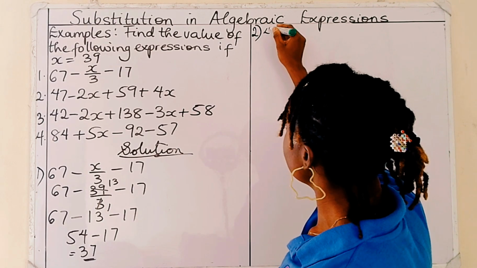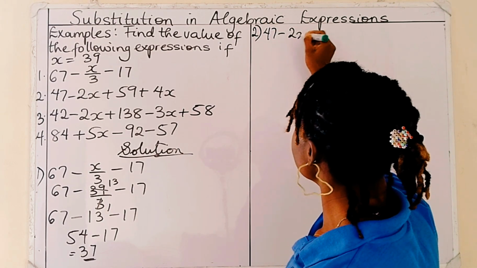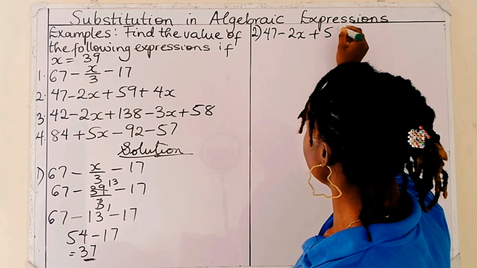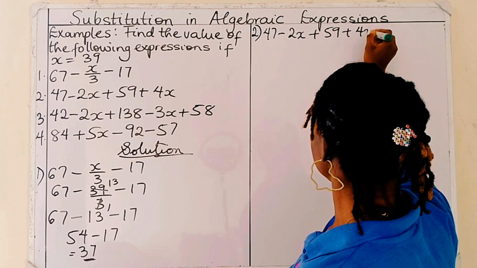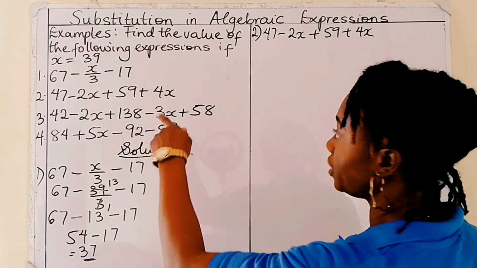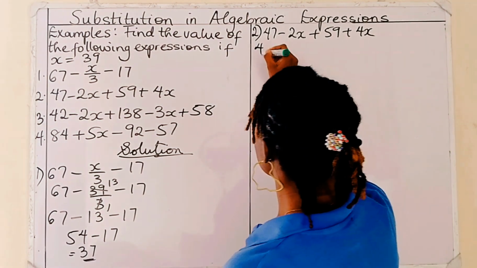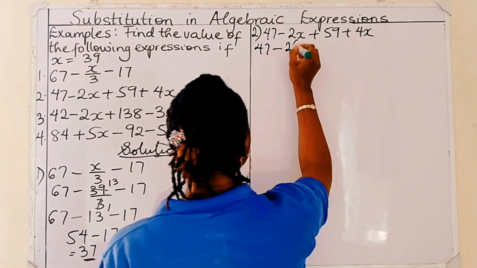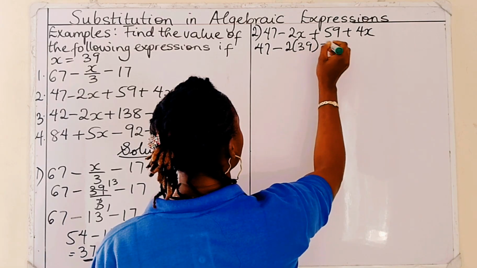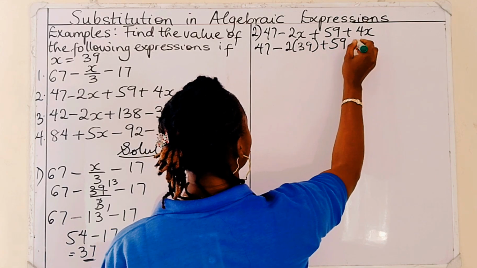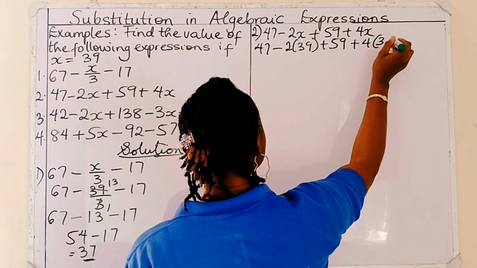Now moving on to question 2. We have 47 minus 2x plus 59 plus 4x. So we are going to replace x in this question with 39. That gives us 47 minus 2 into bracket 39 plus 59 plus 4 into bracket 39.